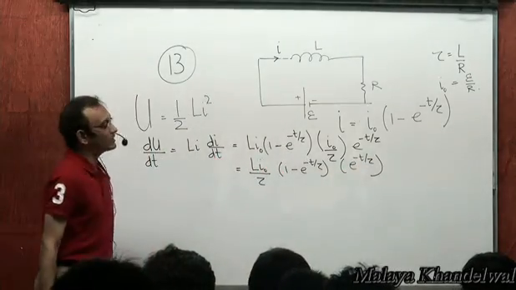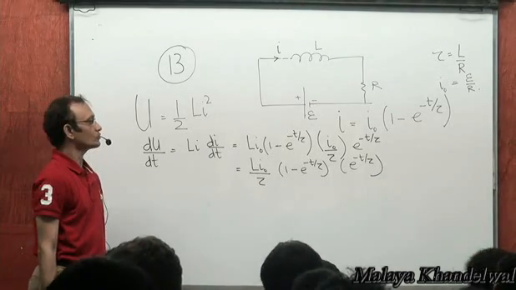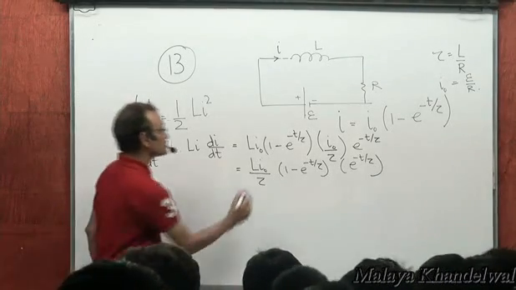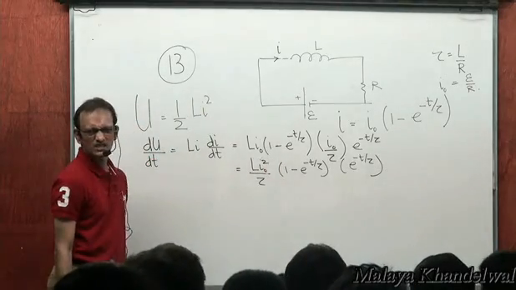That's dU/dt. Yes or no? Tau is L by R, etc.